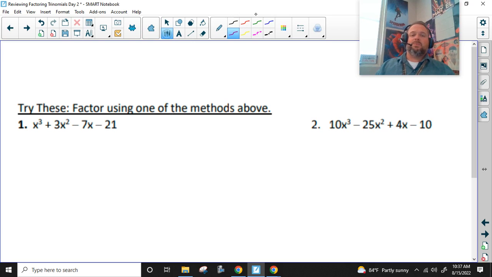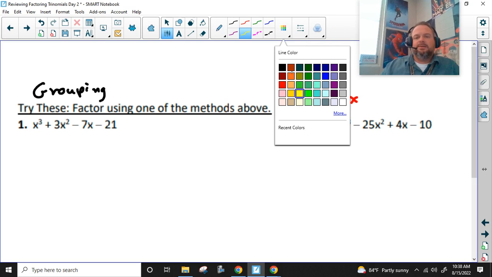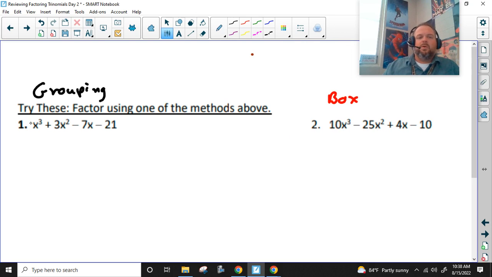I'm going to do this one by grouping, and I'm going to do this one by the box. Okay, just to show you. All right, to be fair to everybody. All right. So right here, number 1.